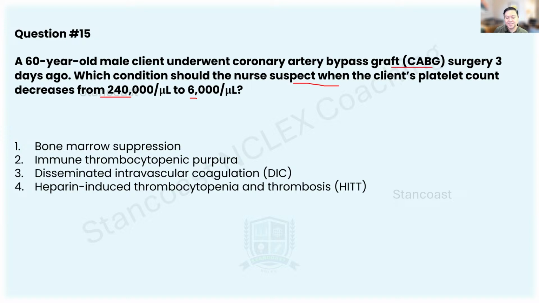It's not select all that apply, so you're only allowed to select one choice. I'm seeing 4, which is heparin-induced thrombocytopenia and thrombosis. That is the correct answer. Maybe some of you are still answering from the previous test question.